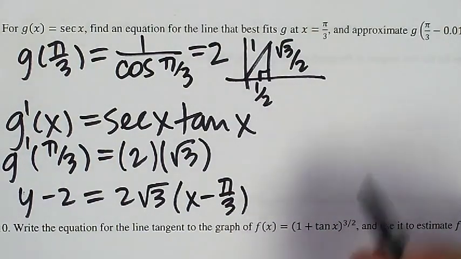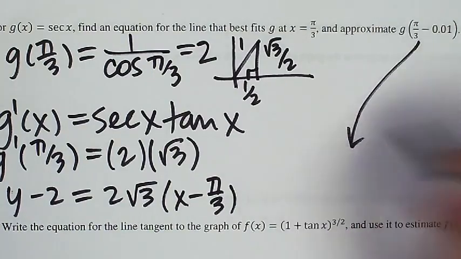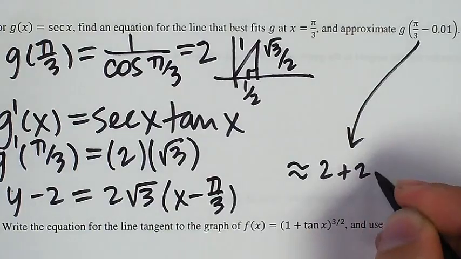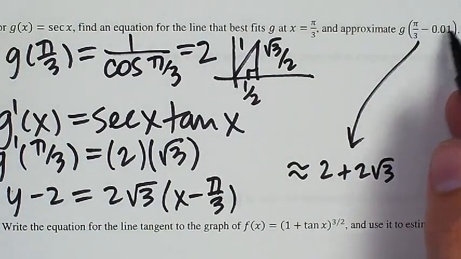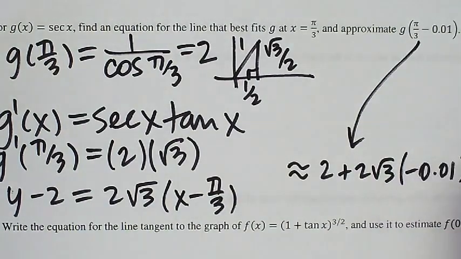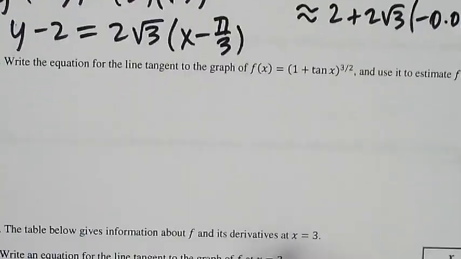Okay. So the approximate value for this number is approximately equal to 2 plus 2 root 3 times, okay, pi over 3 minus 0.01 minus the pi over 3 is just going to be negative 0.01. I'm just going to leave it just like that.